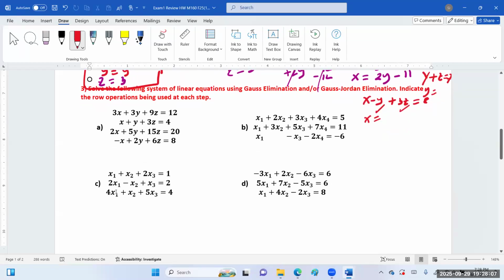Now, next one, we have one of them no solution, one of them unique solution, one of them infinite solution. And the fourth one, figure out which one is that. Okay. So in the exam, I'm going to give only one because you cannot do more than one in that short amount of time. So definitely one, and I'm going to do 3 by 3. So this is 3 by 3. This is 4 by 3.